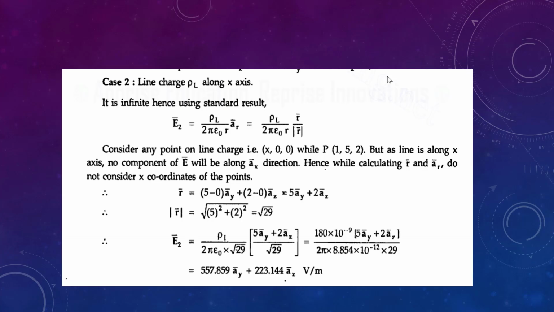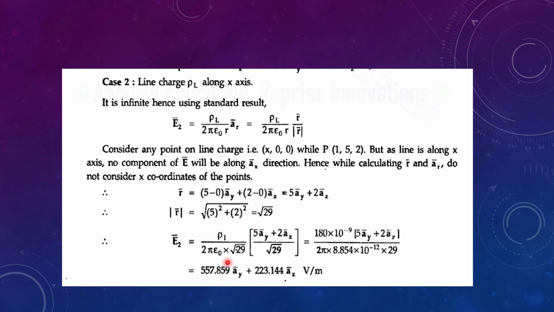So r bar equal to 1, 0, 0 minus 1, 5, 2, that is equal to 1 minus 1 ax cap plus 5 minus 0 ay cap plus 2 minus 0 az cap. That is equal to 0, so it is neglected. So 5 minus 0 into ay cap is 5 ay cap plus 2 az cap. So magnitude of r bar is square root of 5 square plus 2 square, that is equal to square root of 29.